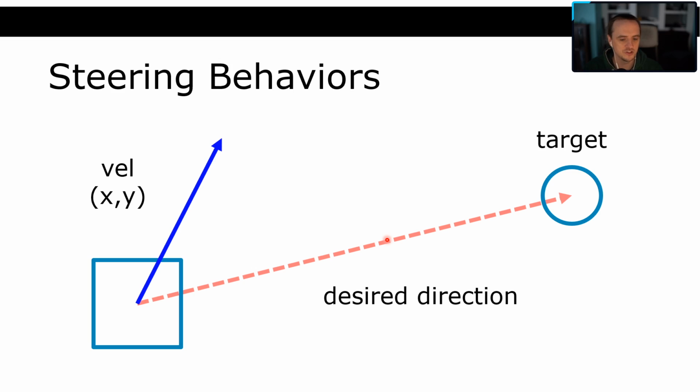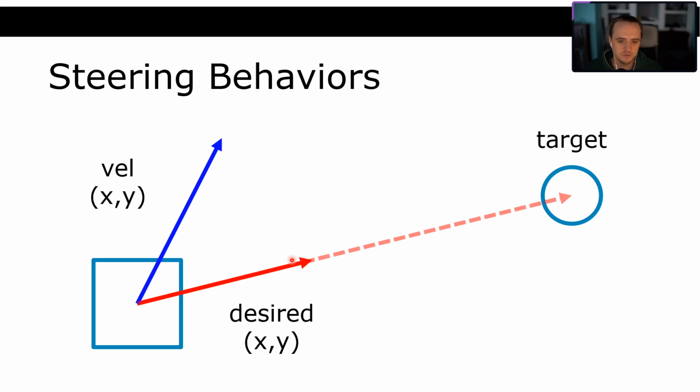So that's the definition. Based on this direction, I'm going to make a vector, and that's going to be the desired vector. So this is my current velocity, and this is my desired velocity. So I want my velocity to be this, but my current velocity is this.